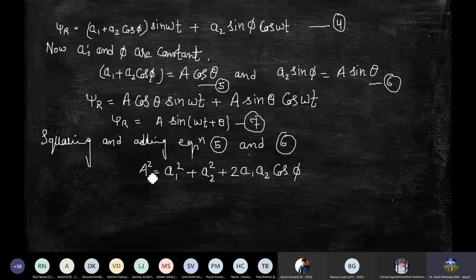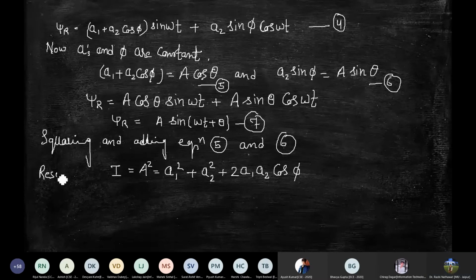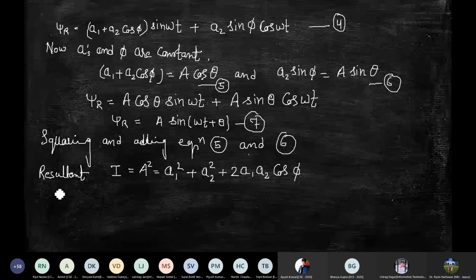We also know the intensity is the square of the amplitude. So we can represent it with the intensity I also. This is the resultant intensity of the wave. So the resultant intensity can be given by this formula.